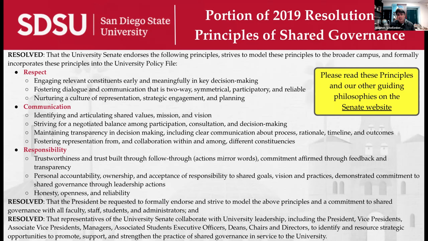But those are three things you'll hear us talk about a lot: respect, communication, responsibility. And that can work not just within Senate, but it should be happening across the whole university as a community. Shared governance is not restricted or limited to the delegate body that is elected. It should be happening in your local neck of the woods. So we hope that is, and happy to have conversations with you if it isn't.